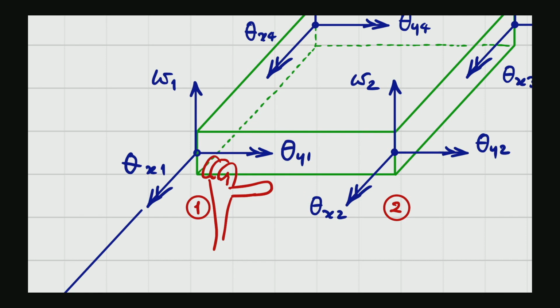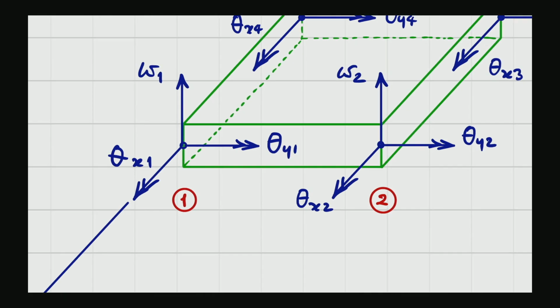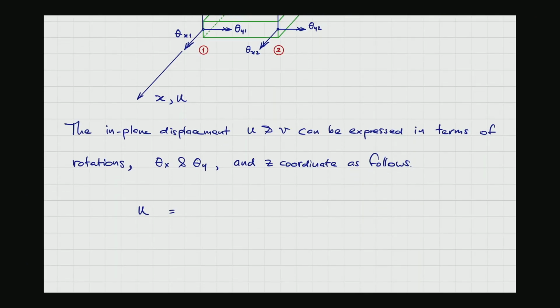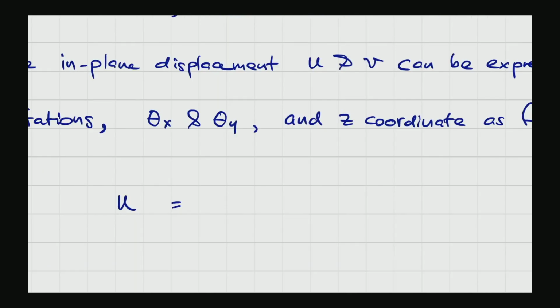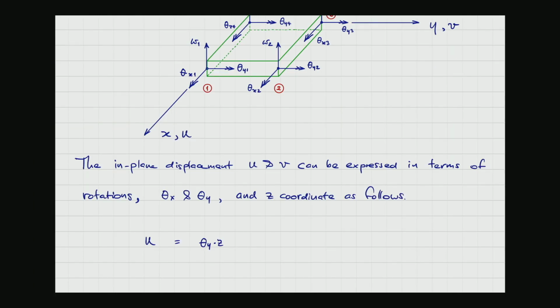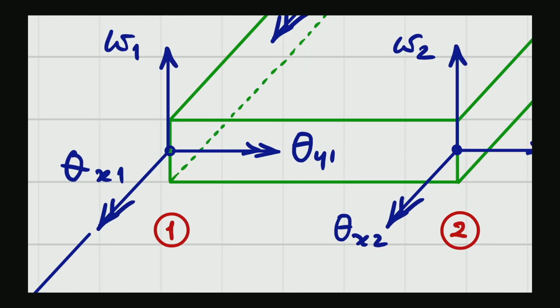Okay, so u is equal to theta y multiplied by z, where z is at every point, just like this.